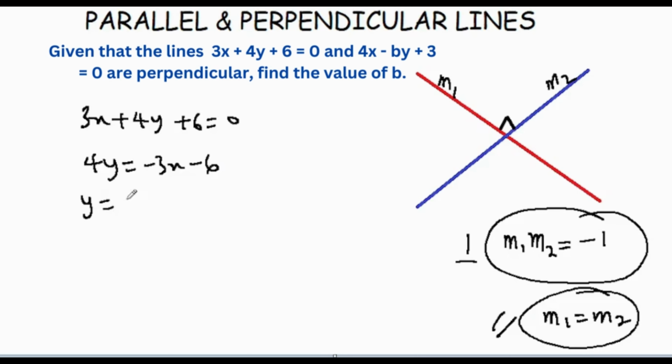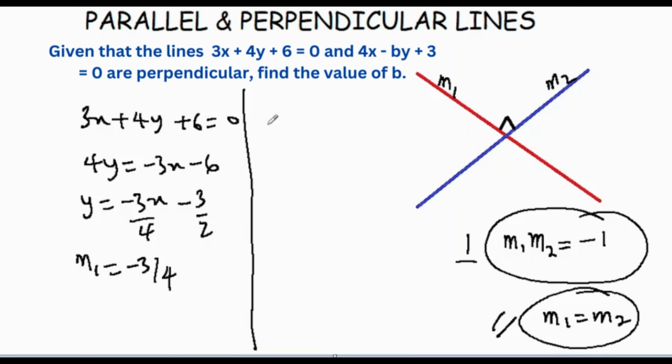I'm going to have y equals negative 3x over 4, and negative 3 over 2. Okay, so let's take the slope. The first slope, let's take that to be m1, and that's negative 3 over 4. Now let's consider the second equation.